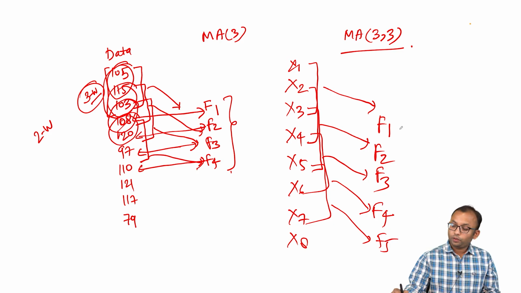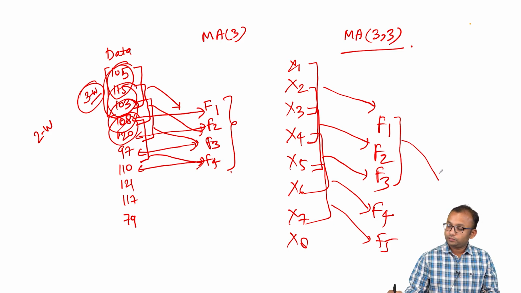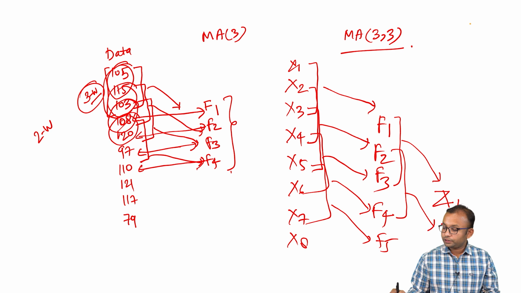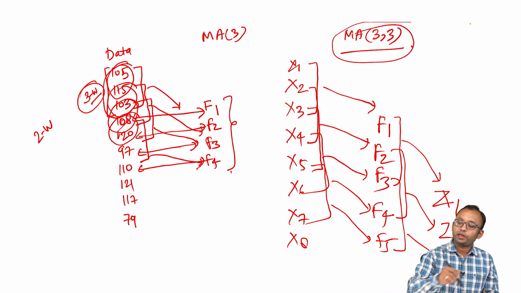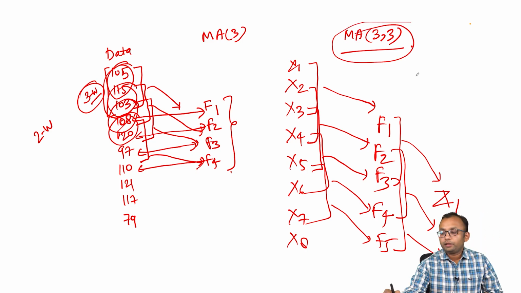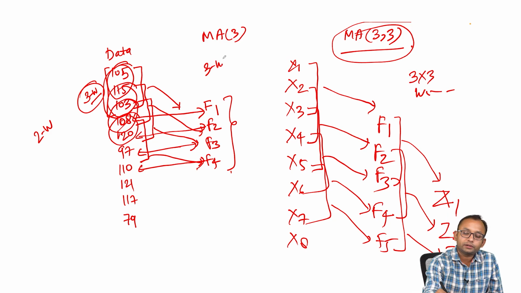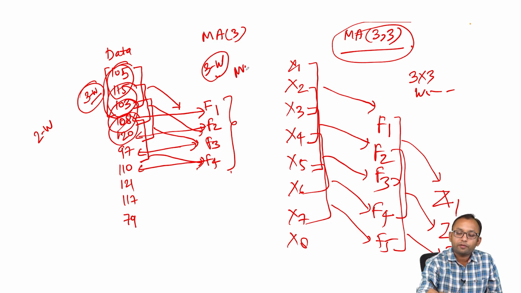Then you calculate the average of these, let us say Z1, then the moving average of the next is Z2, and then Z3. This is called moving average of moving average, and that can be done by applying the 3 cross 3 window size. Using this moving average we are trying to forecast the time series behavior.